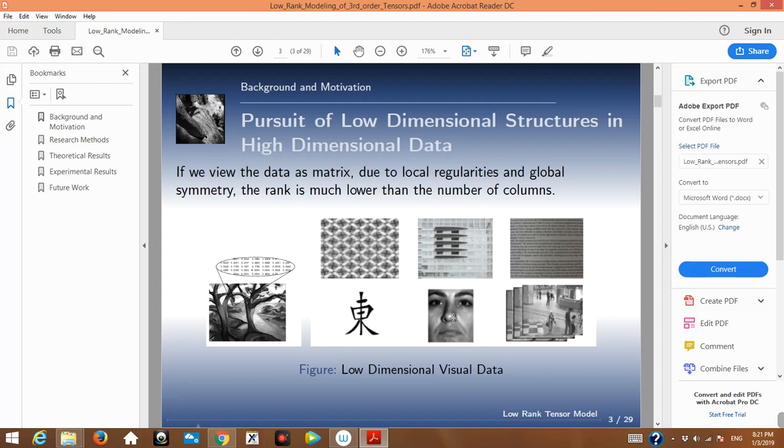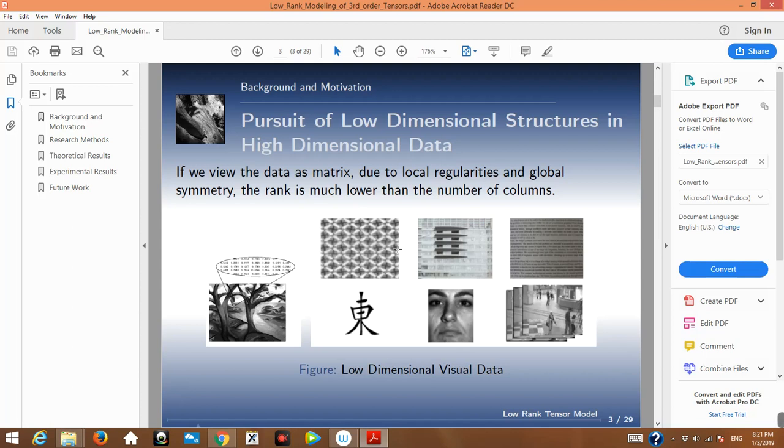And of course, the human face is also symmetric. And this picture, the building of the Department of Math, is very symmetric. You can see this column is identical to this column and this column.